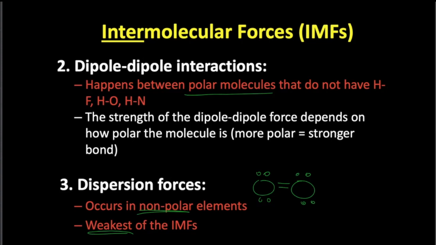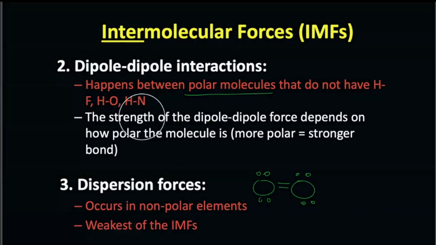So it is the weakest of the intermolecular forces, and therefore oxygen molecules can spread out into gases. Methane, CH4, is able to spread out in the air as a gas because its intermolecular forces are very weak.